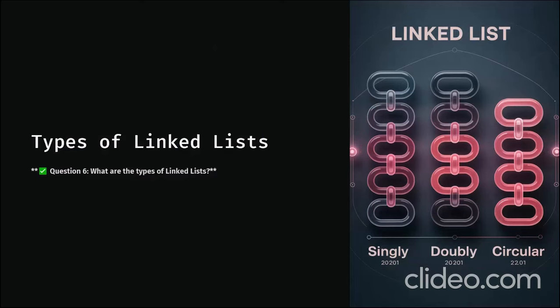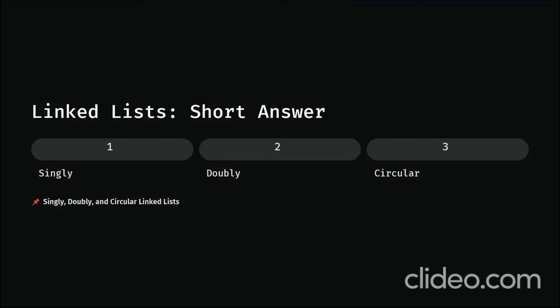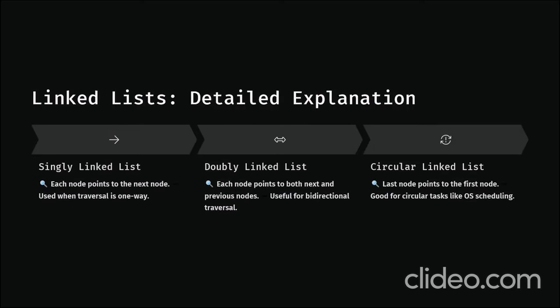So let's move to the next question. What are the types of linked list? There are mainly three types: singly linked list, doubly linked list, and circular linked list. In a singly linked list, each node points to the next node, used when traversal is only one way.